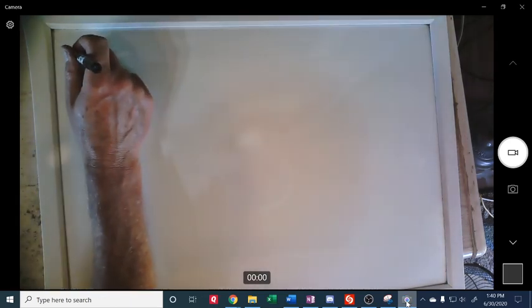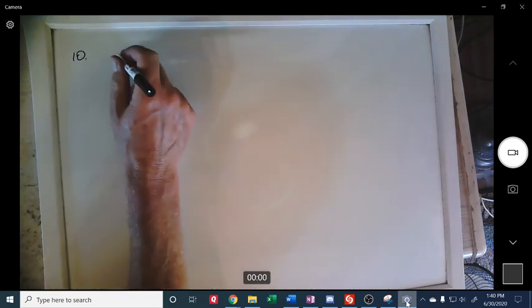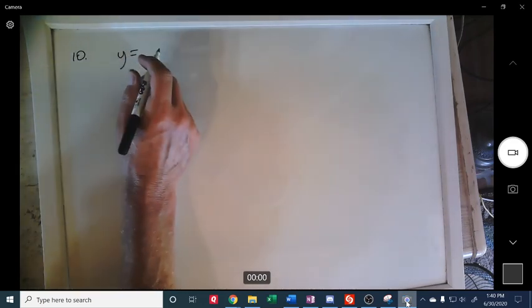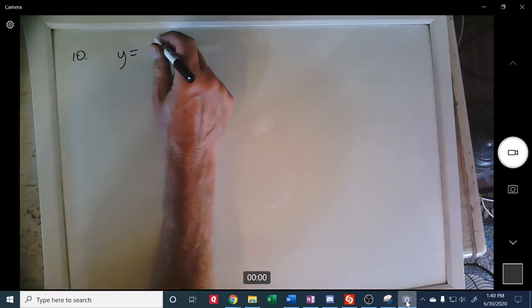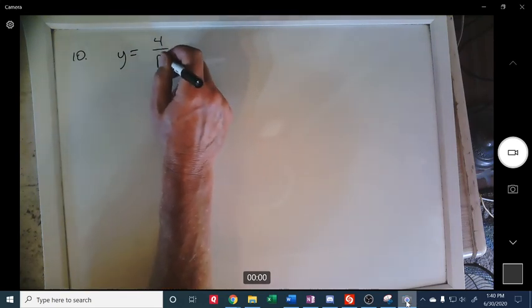All right, and let's look at one other one. I think we're on number 10. Is that right? y equals 4 over p cubed.